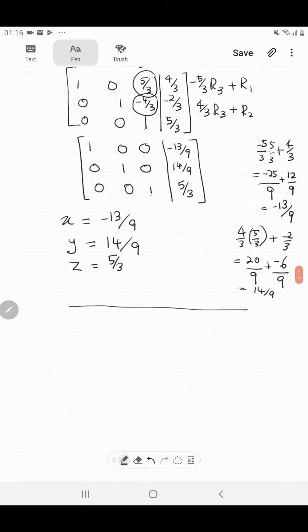If you have mastered Gauss Jordan, you can solve a system of any form, and you can easily pick up the answers from the final Gauss Jordan matrix that you got.